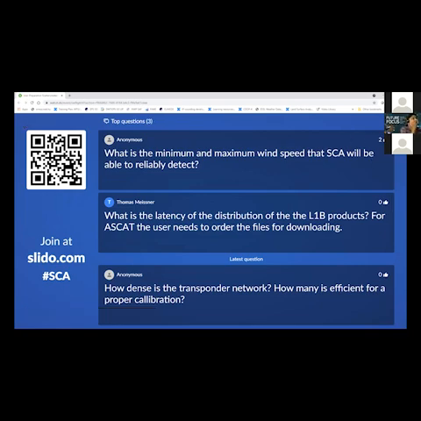At the moment, ASCAT is saturating around 20 to 25 meters per second. This is for the VV, and this is no longer the case if you include cross-pole channels.